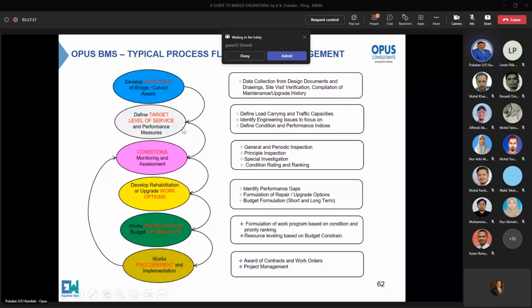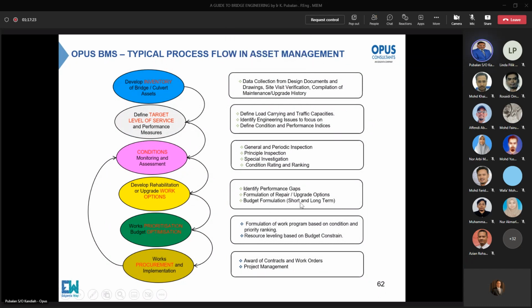Then we do the general or periodic inspection. Then you have your budgeting, your work program, and then you award the contract or work order to repair. Basically it is collection of data, as-built and so on, to have the inventory, and later to check what the requirement is.